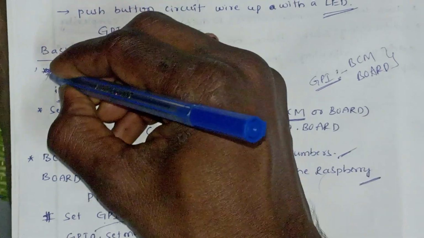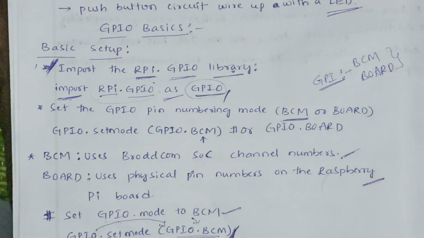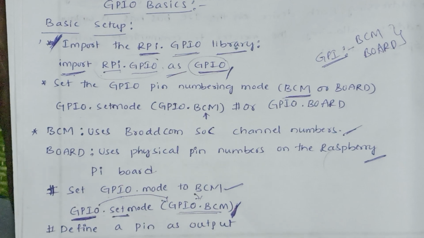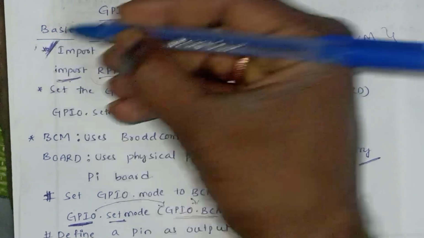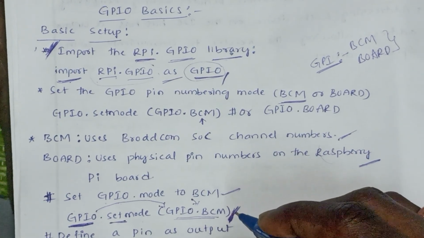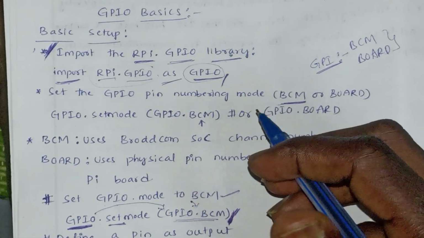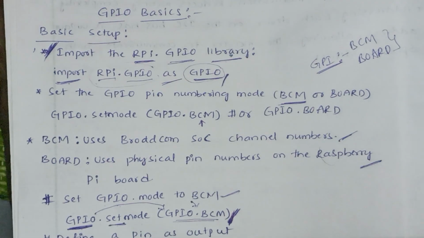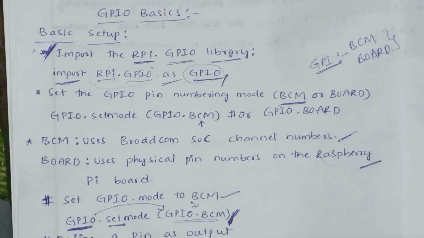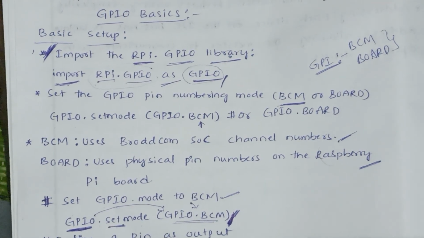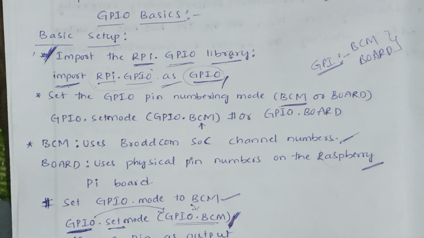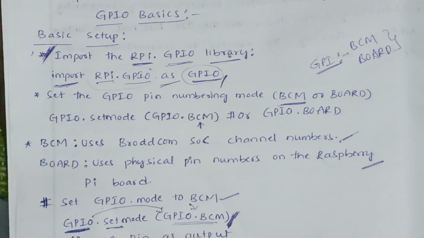This is all about the basic steps of installation of GPIO basics. So you have to write import RPi.GPIO as GPIO, BCM. After this importing is successfully done, then we have to take the blinking of an LED as the example, and we have to run that program so that you can easily understand and identify the blinking of the LED.